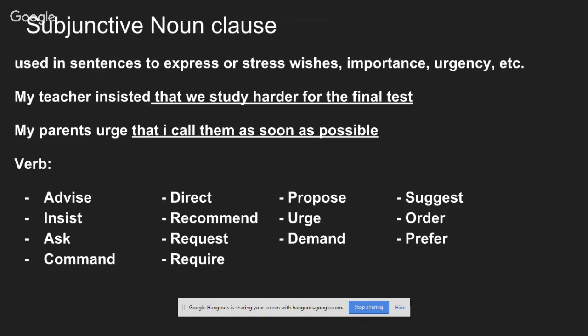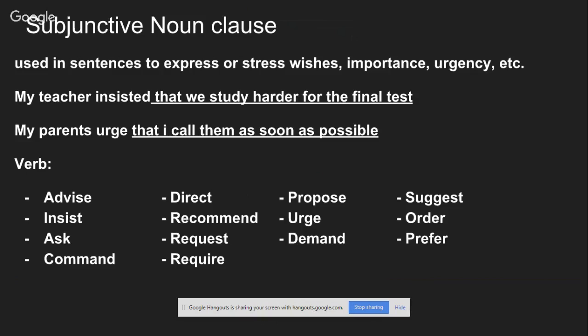The next slide is a subjunctive noun clause. It uses an important, strong word to emphasize something, such as importance, urgency, etc. For example, my teacher insisted that we study harder for the final test.